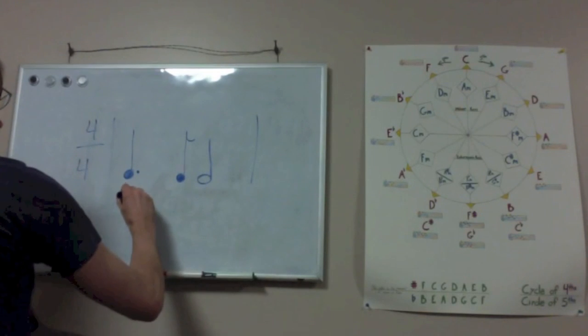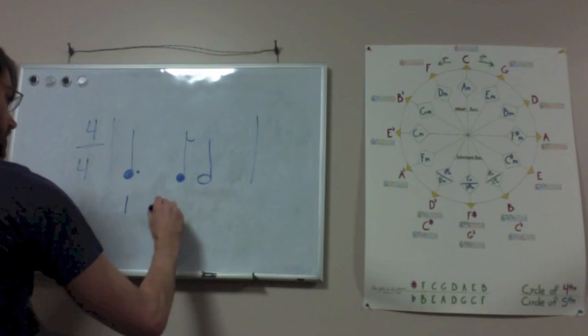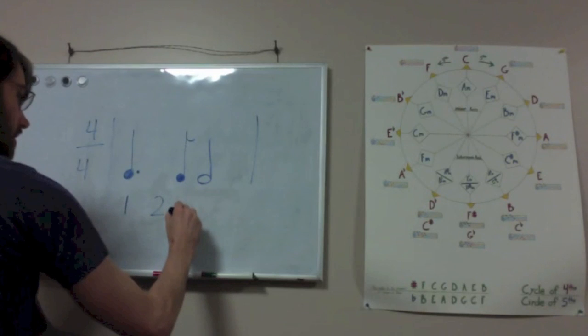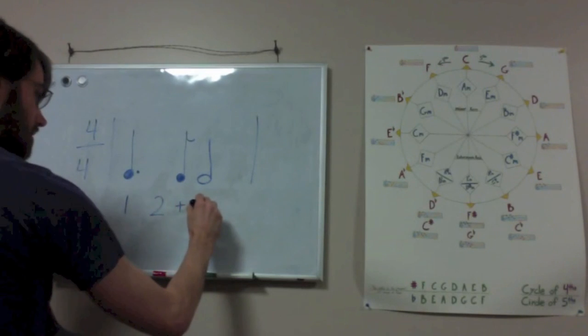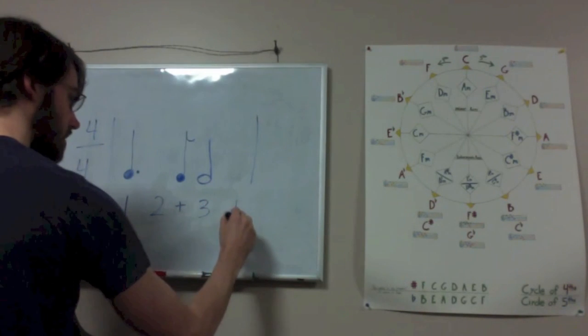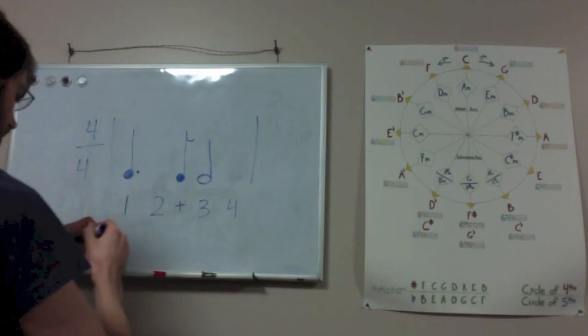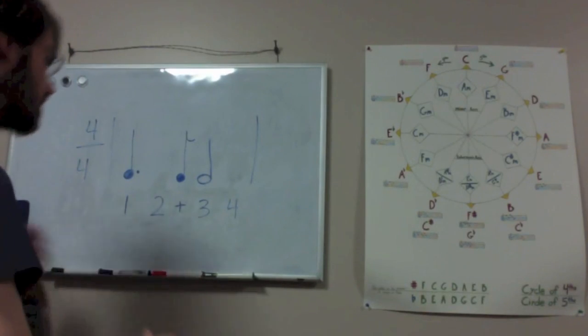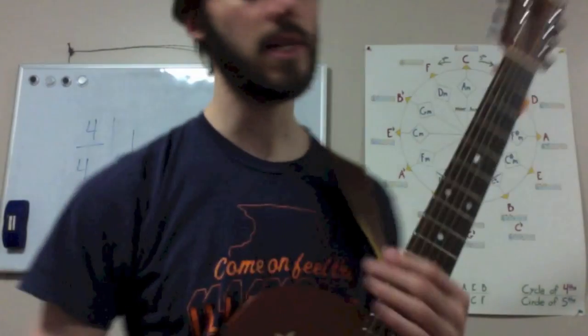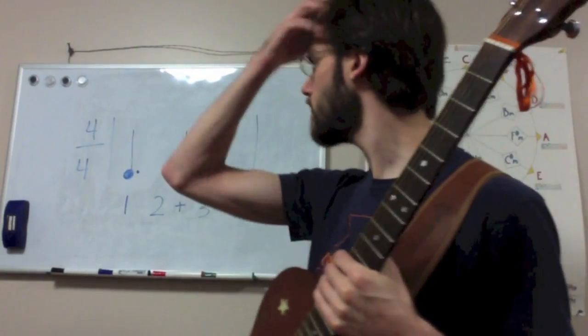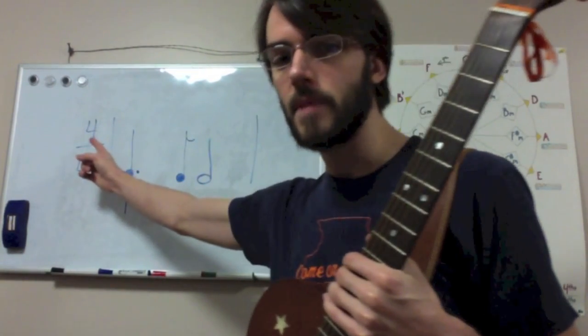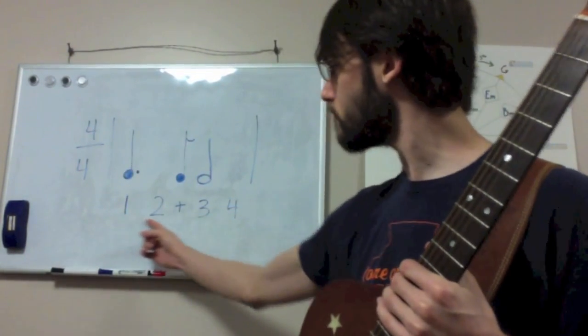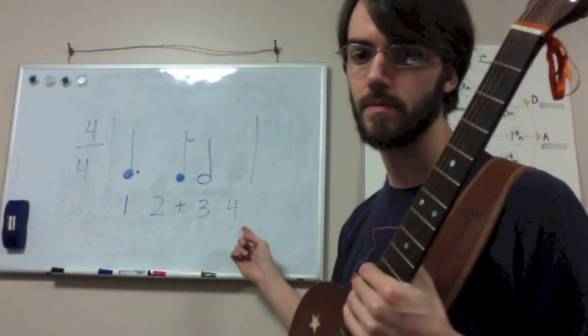Okay, so this is beat 1. 2 is right here. This eighth note comes in on the and, then I've got a half note which takes up beats 3 and 4. Alright, hang with me here. We added some new stuff. Let's take a look at it. I'm in 4/4 time, like we're going to be. I've got 4 beats here, 1, 2, 3, and 4.